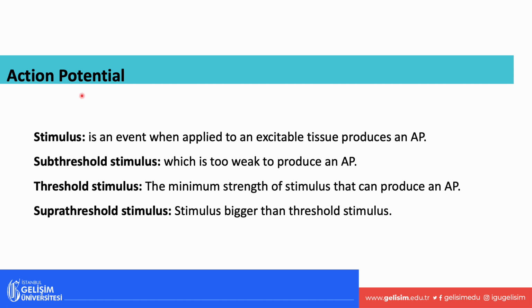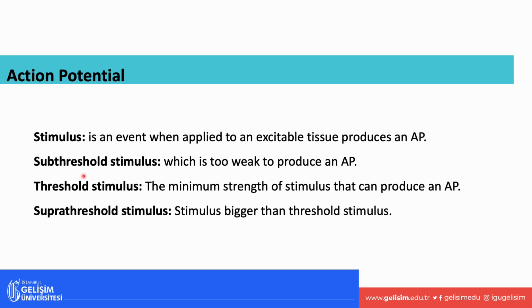All right. More terminology. What's a stimulus? It's an applied event to a tissue that's going to produce an action potential. Okay, so some event when you apply it to tissue that will result in that tissue producing an action potential.